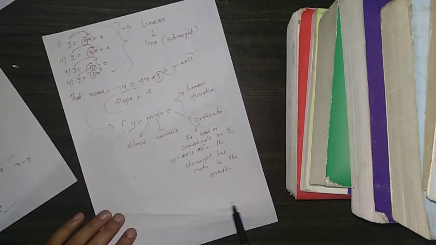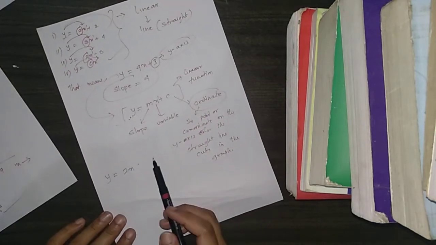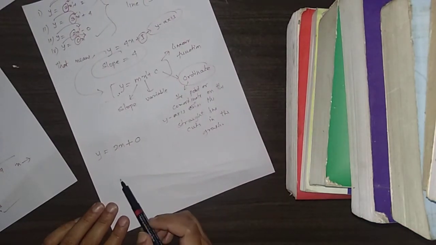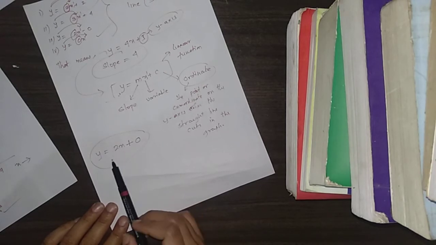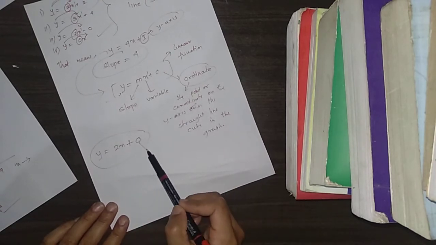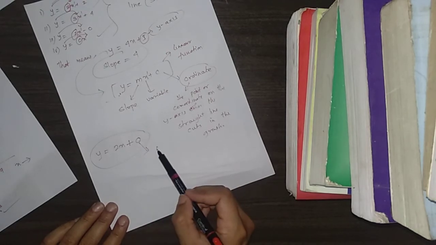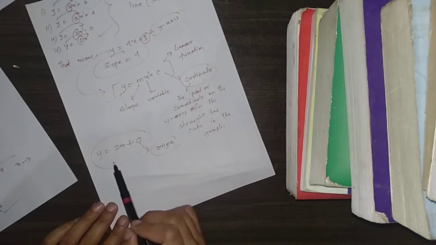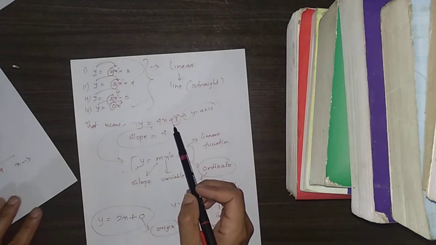For functions like y equals 2x only, the value of c is not there. That means c is 0. So for such a graph, y equals 2x, the straight line will cut the y-axis at 0, which is nothing but the origin. So this type of straight line will pass through the origin, but this type of straight line will not pass through the origin.